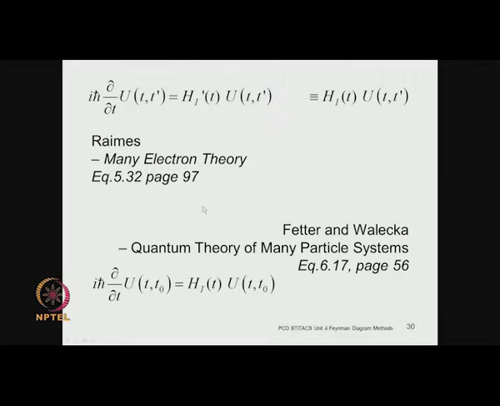The notation is slightly different in the 2 books. Here you have T and T prime, whereas in Fetter and Walecka you have T and T0, but other than that, both the books provide you essentially the same kind of treatment.